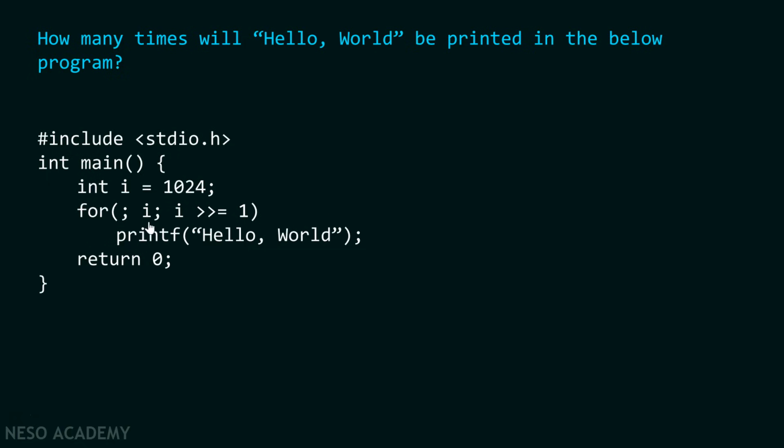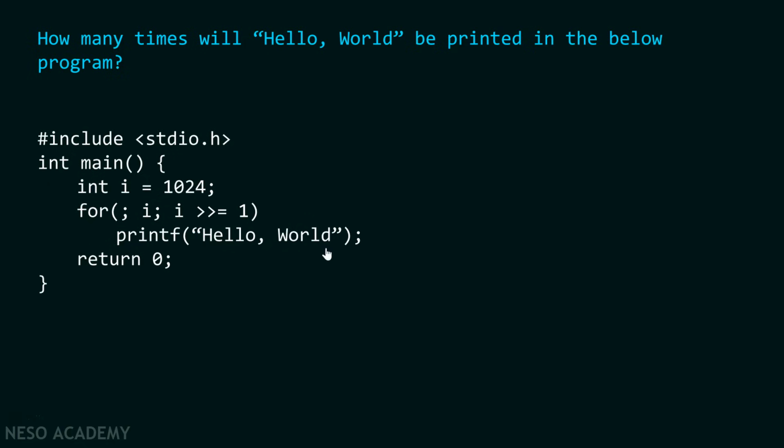Now we already know that the condition checking step will always produce the answer as true or false. Now 1024 is a number other than 0, and we already know that a number other than 0 is always treated as true. Therefore 1024 will be treated as true, and we come inside this for loop and print hello world on the screen one time, right?